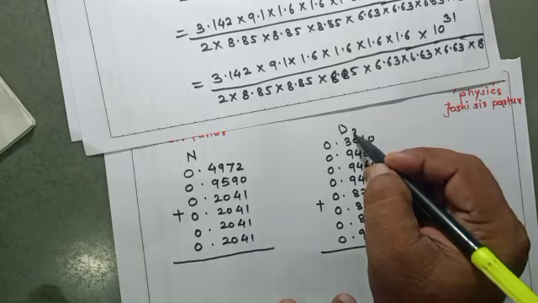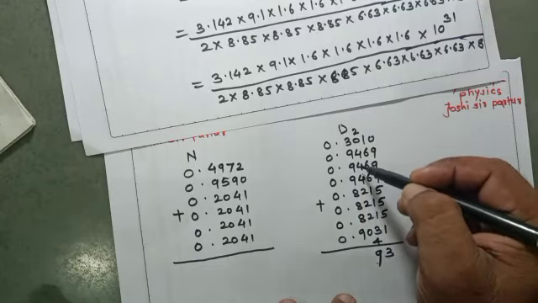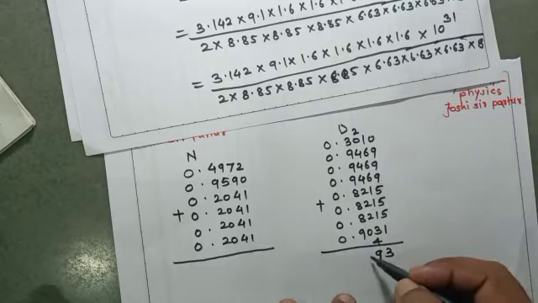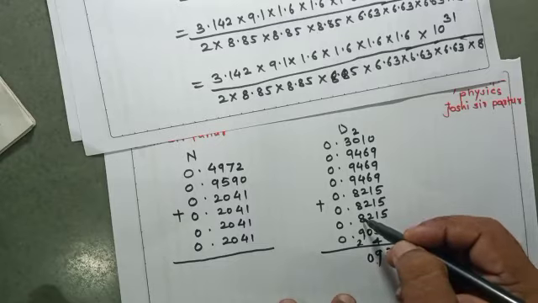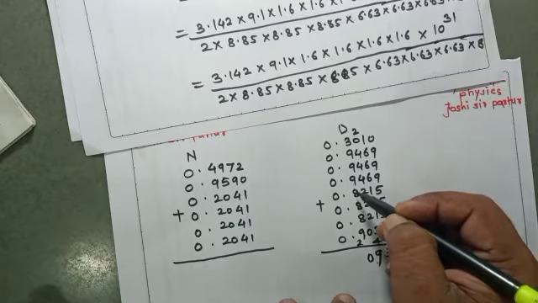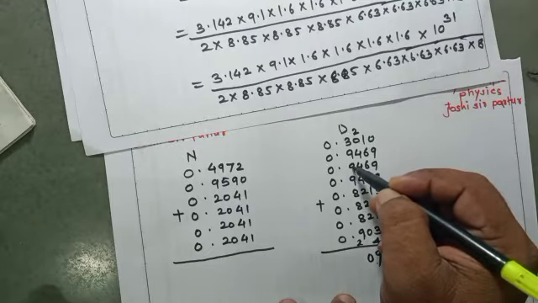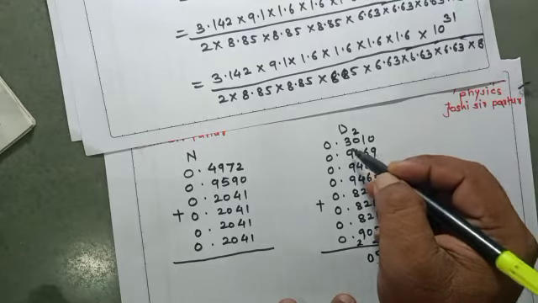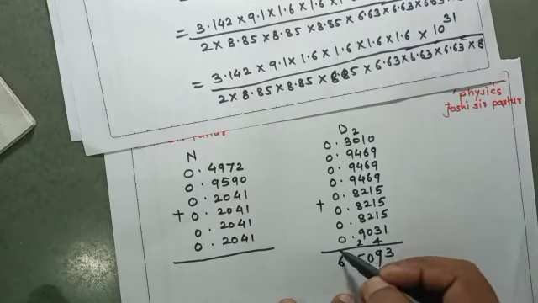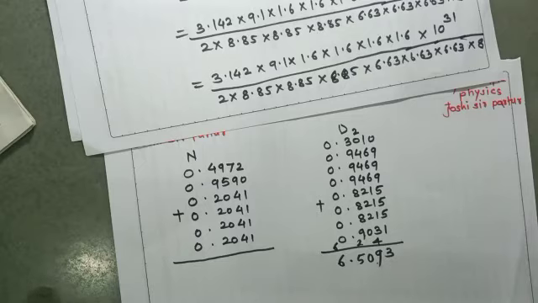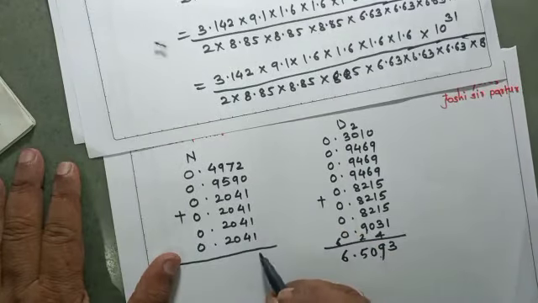So here 2 is remaining. 2, 2, 2, 6, 10, 14, 18 and 2, 20. 2 is remaining. 11, 19, 27, 35, 44, 53, 62, 65. That is 6.50. Denominator addition. Numerator addition is 1, 2, 3, 4, 6.